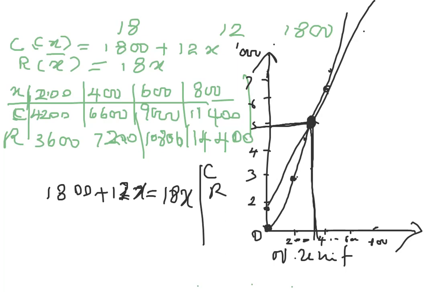When simplifying this, this part becomes 6x equal to 100,800, then x equals 300, right? So that means 300 is the number of units at the break-even point.